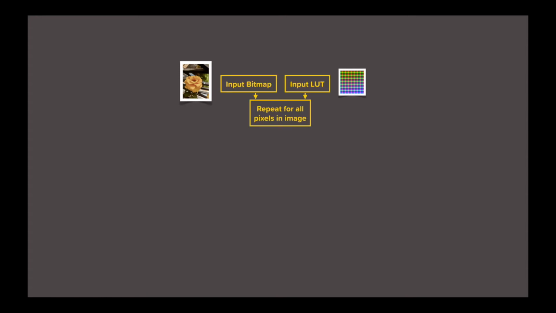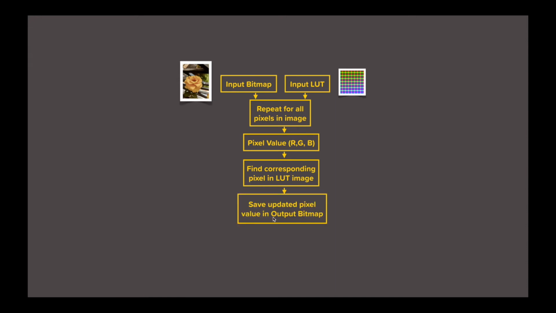As simple as that. So let's try to depict this with a diagram. We have our input image and we have our LUT. What we do is, for each pixel in the input image, we get that pixel value, we find the corresponding pixel in the LUT image, we save the updated pixel value in the output bitmap, and we repeat this for all pixel values, and finally we get the output bitmap.